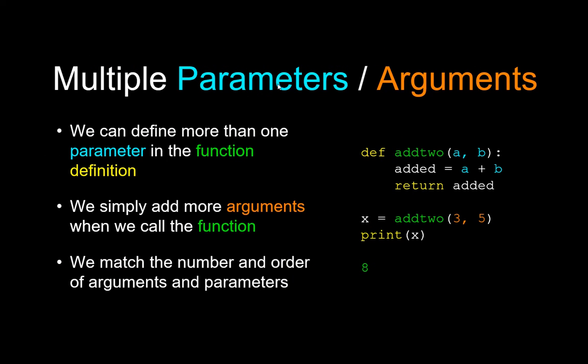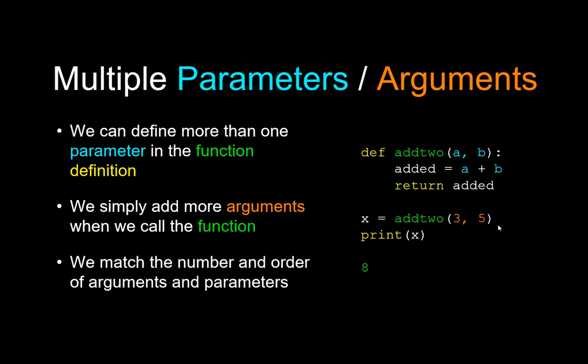Okay, we can have multiple parameters or arguments. So one function can have several arguments or parameters. Here we define a function called add2 with two parameters, a and b. Inside the function we're going to add a and b together, and we're going to return the added value when this function is called.